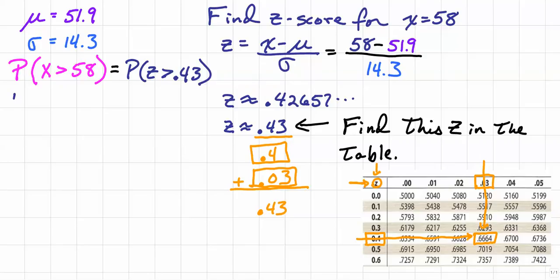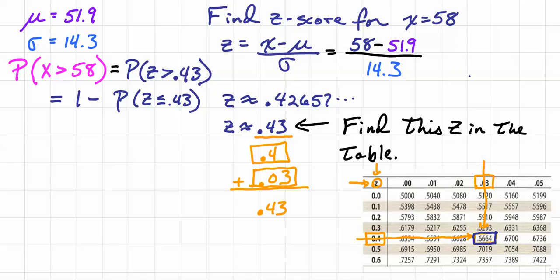That means I'm looking at 1 minus the probability of z being less than or equal to 0.43, because this value in the table that I'm putting a line around is the probability under the curve less than 0.43.